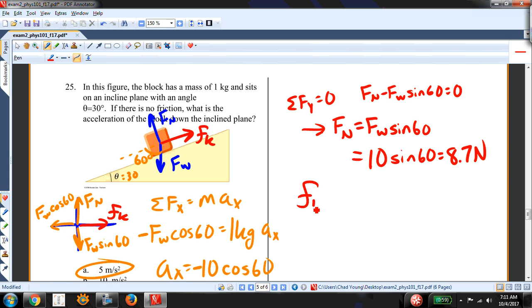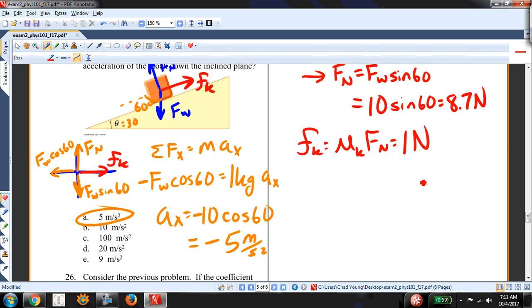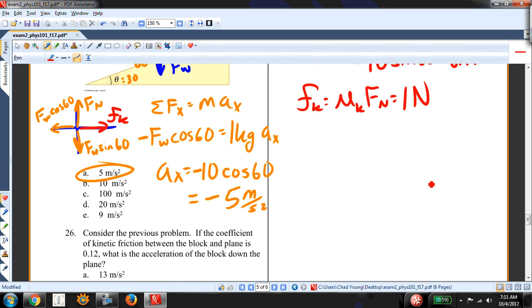And then Fk is equal to mu k times my normal force, 0.12 times 8.7, I get 1 newton. So my frictional force is 1 newton, and now I want to know the acceleration. So I say the sum of the forces in the x direction equals max.